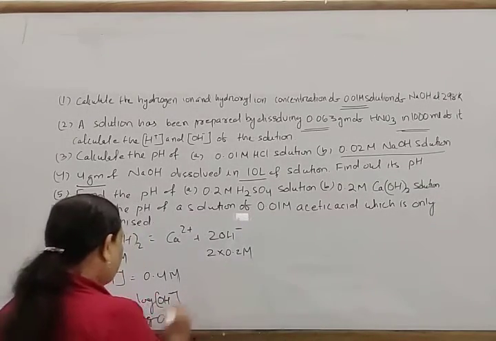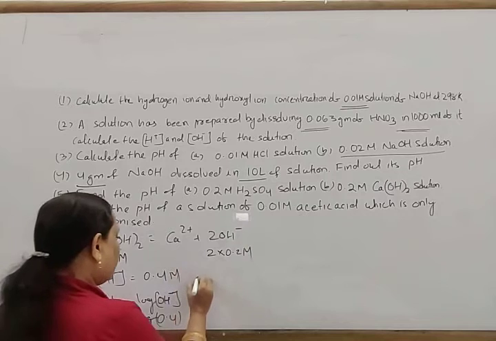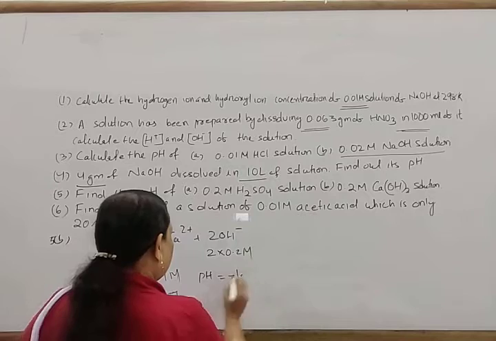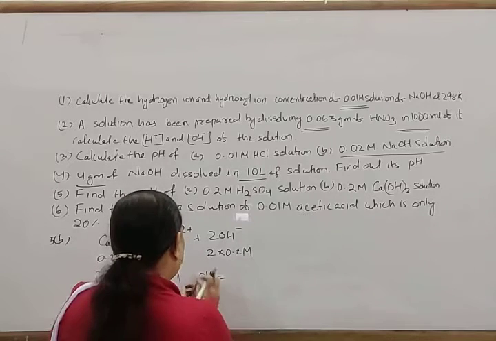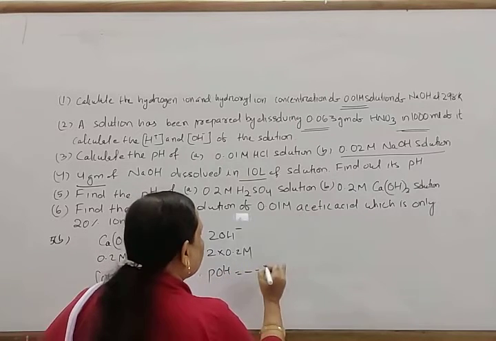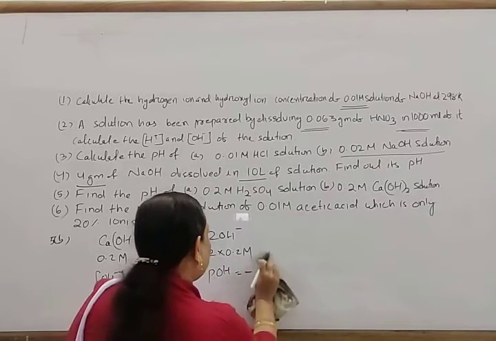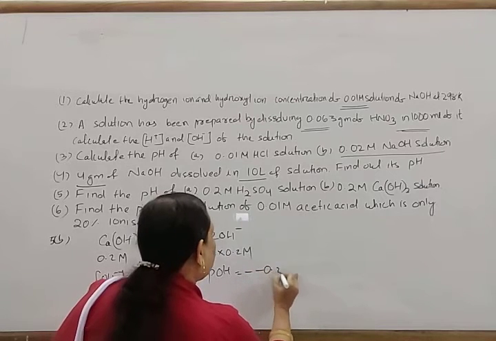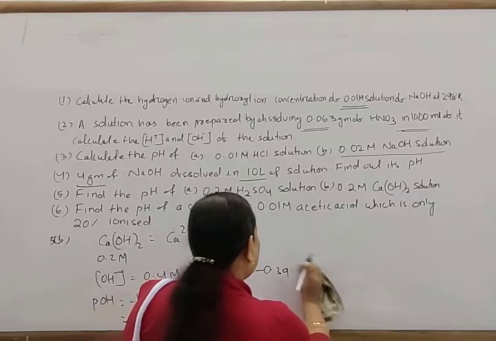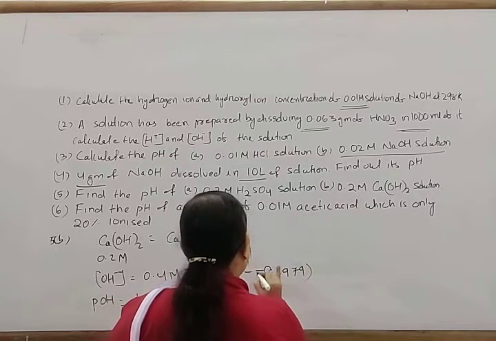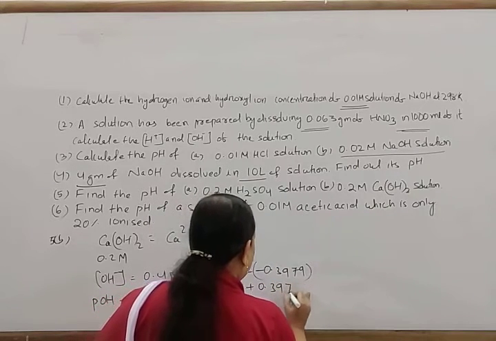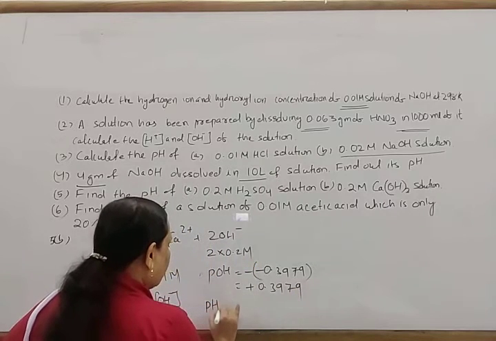So here previously we have derived that pOH is equal to minus of minus 0.3979, so pOH is 0.3979.